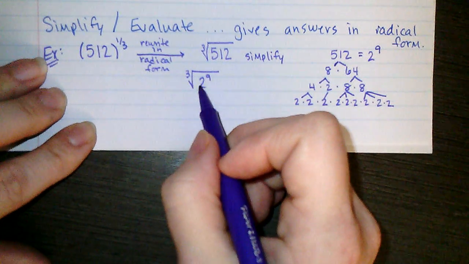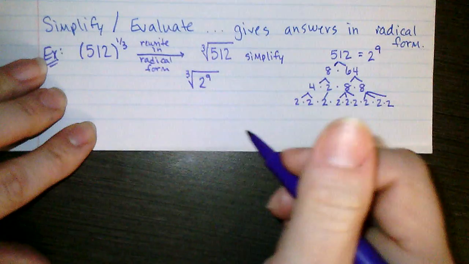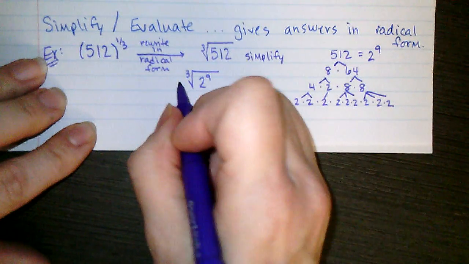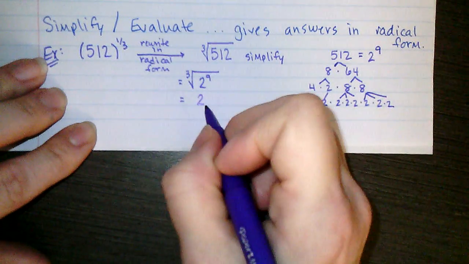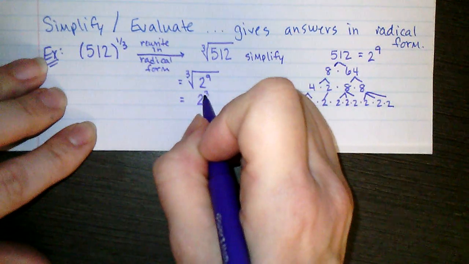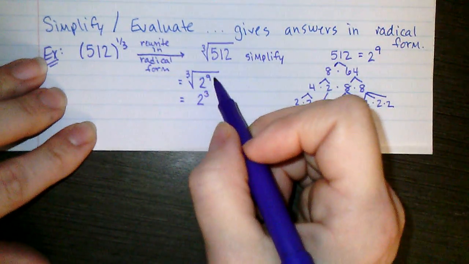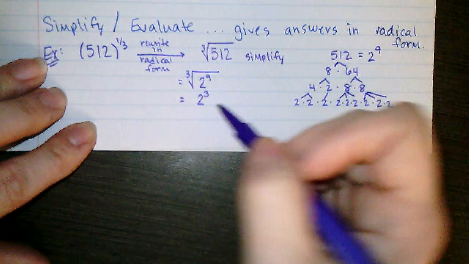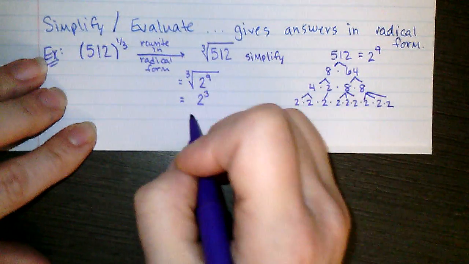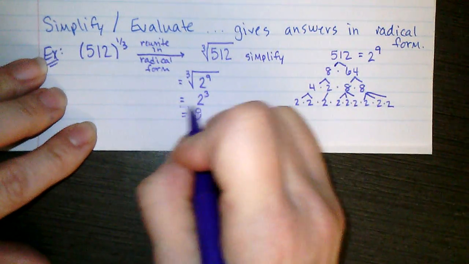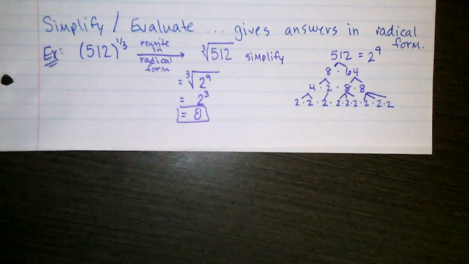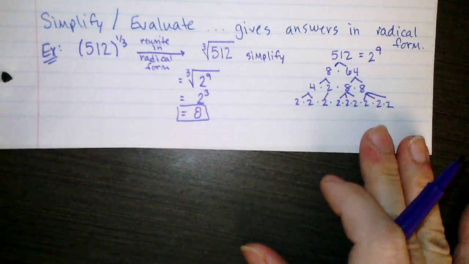I have 9 2s, which means I'm going to have 3 groups of 2 that get out front of the radical. If all 3 groups of 2 come out, there will be none left in, so I don't need a radical anymore. That would be 2 to the 3rd power, which is 8. That would be my answer, and it doesn't need to be in radical form because there's nothing left in the radical.